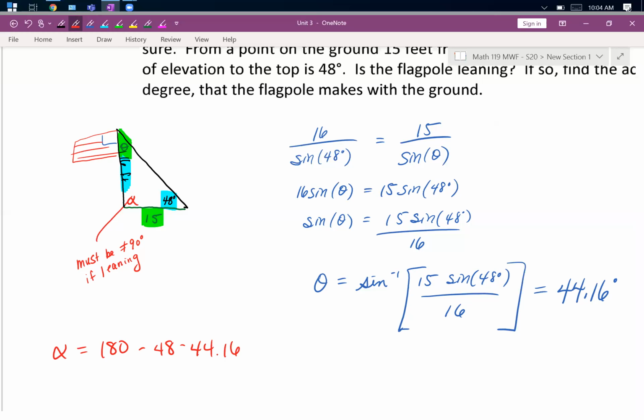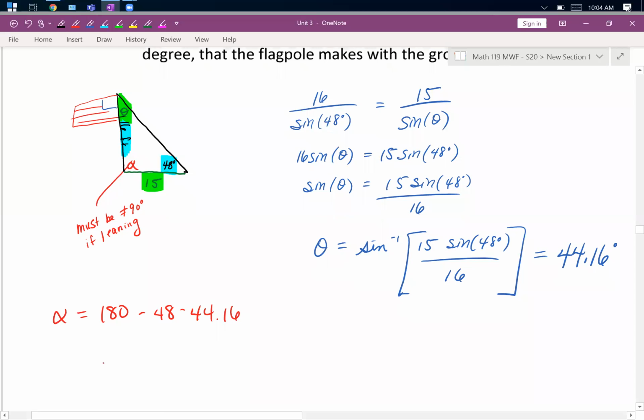So what do we get then for our angle alpha? 87.84. So it's not 90. Our flagpole is indeed leaning, and it asked us to find the acute angle to the nearest degree that the flagpole makes with the ground.